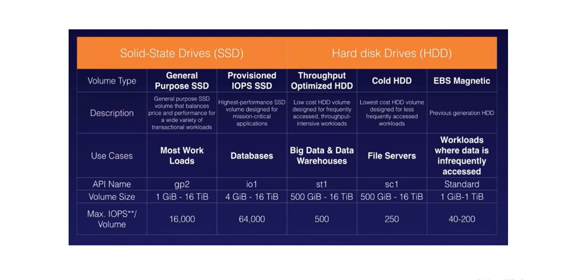So right now let's go ahead with today's topic, which is encrypted root device volumes. What are root device volumes? It is basically the hard disk that has your operating system on it. So it's the EBS volumes, and previously you couldn't actually encrypt it when you first provisioned your EC2 instance.